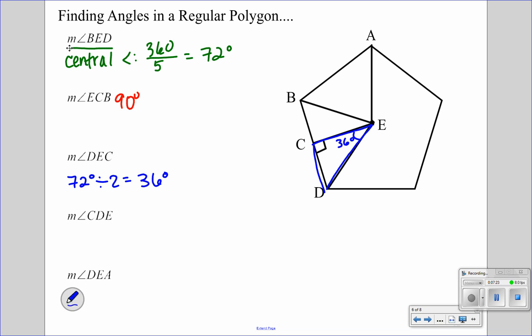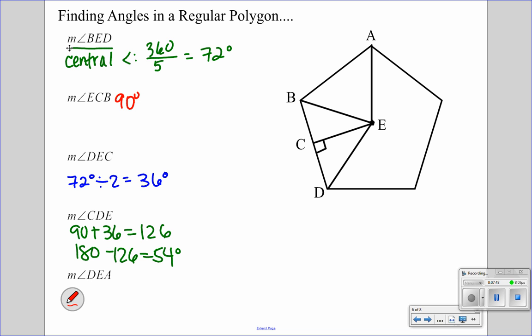Okay, our next one is CDE, which is here and here. And this one is where we use the triangle sum theorem. We can add 90 and 36, get 126, subtract from 180, and we get 54 degrees for that one. Okay. Our very last one is DEA.